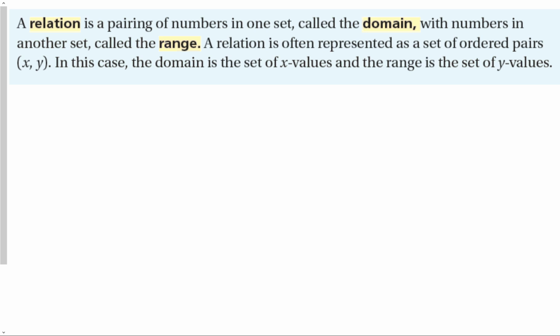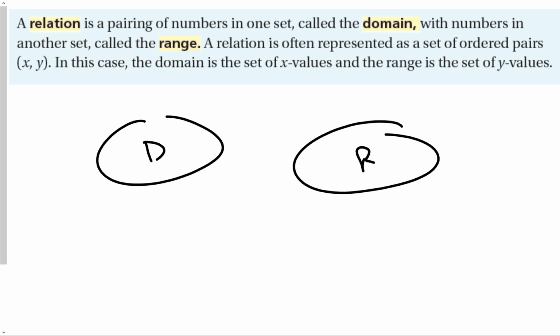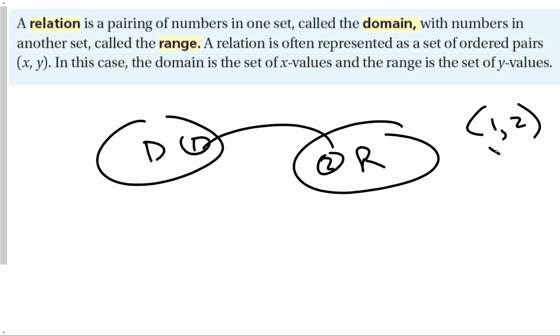So in my first set, I have elements of the domain and I have elements of the range, and things in here get paired with things in here to give me an input value and an output value, or an x and a y value.